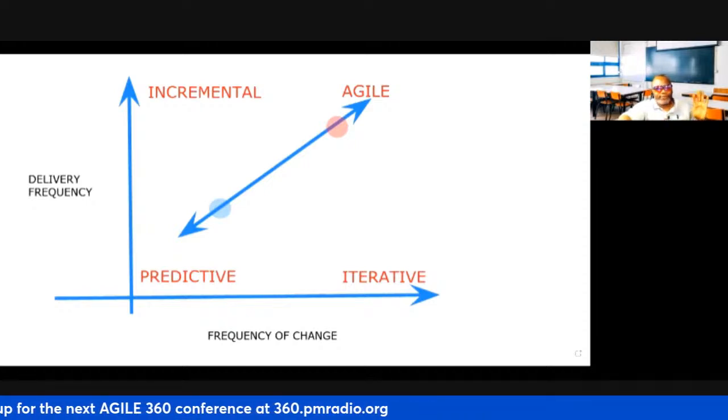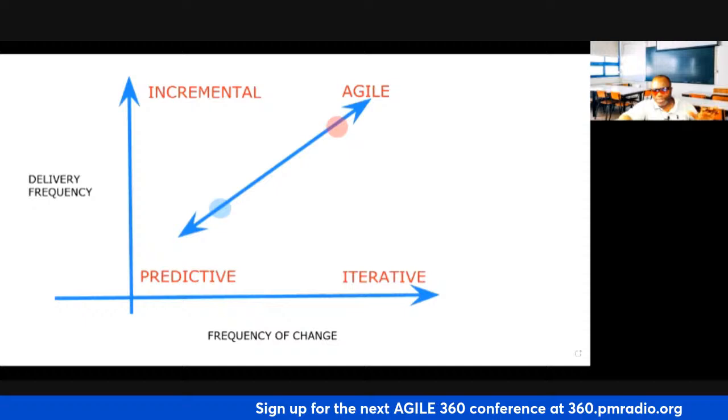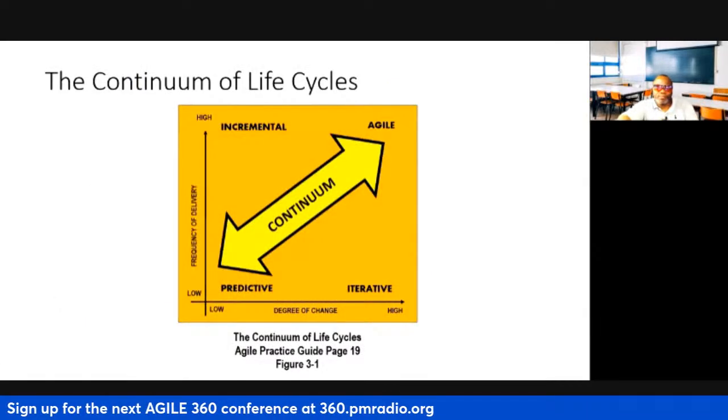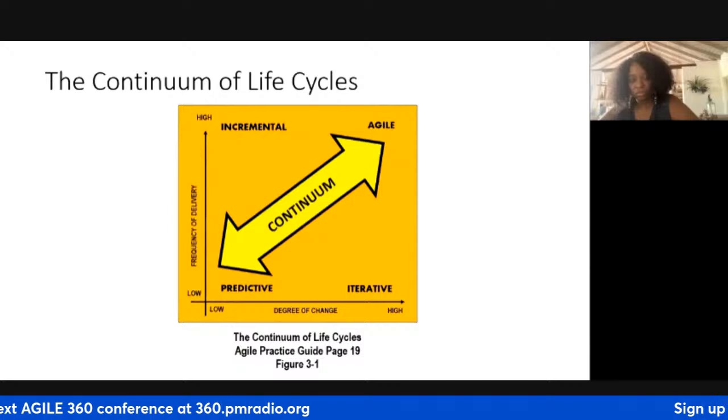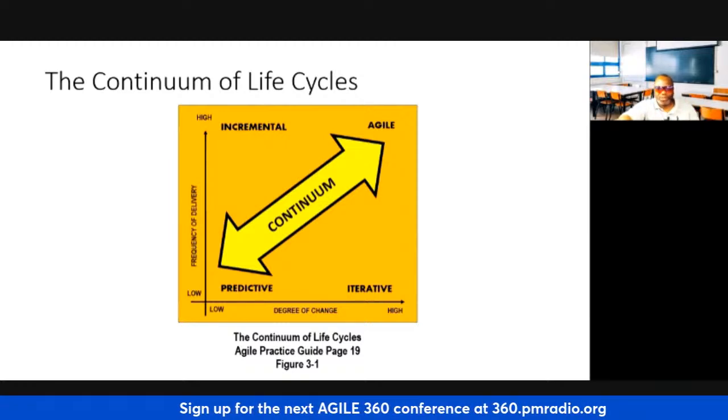PMI has 4 hybrid models. And the 4 hybrid models, again, they pretty much follow. Now, I'm showing you slides that are not in our regular deck. But to illustrate the hybrid model, hybrid means you're not in any one particular quadrant for the entire project.